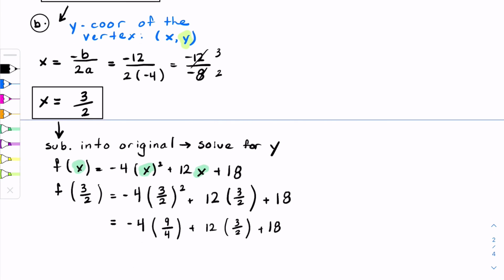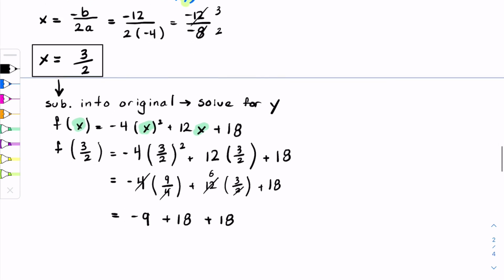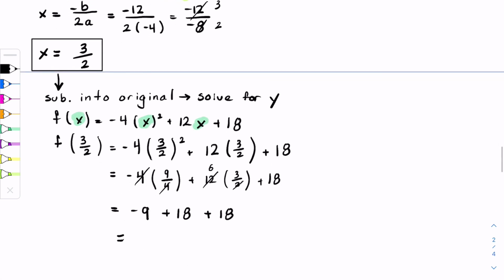When I multiply -4 times 9 over 4, the 4's can cancel, leaving us with just -9. 12 times 3 over 2, 2 goes into 12 6 times. I'm left with 6 times 3, which is positive 18, plus 18. When I add -9 plus 18 plus 18, that simplifies to 27.